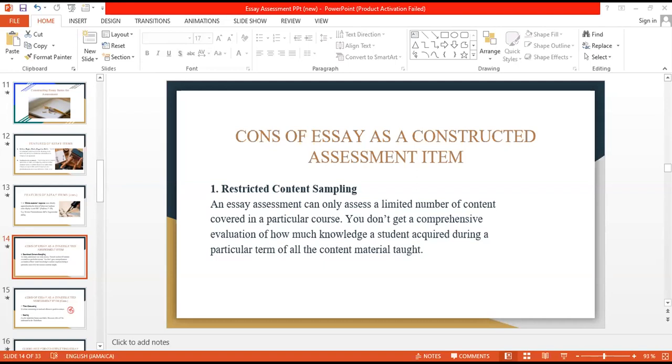So which one do you think would be more reliable in terms of assessing content sampling? The multiple choice, perhaps, or the essay type? Which one would be more reliable? If we're comparing, definitely multiple choice, because you're able to ask more and to cover more topics. Because you can cover more.